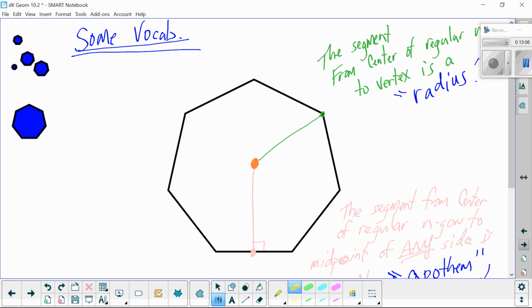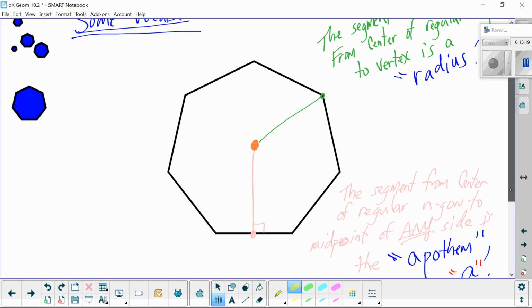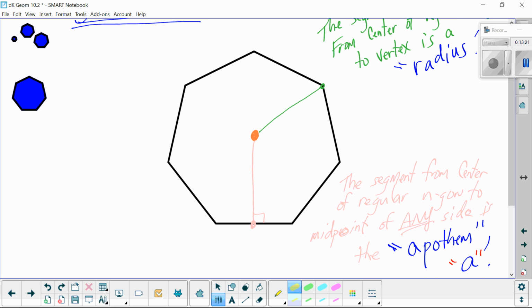A couple of vocabulary words from 10.2. One is that pink segment from the center of a regular n-gon to the midpoint of any side, that's called an apothem. I've been calling it just the height of a triangle. Let me draw a picture of what we've been calling it.